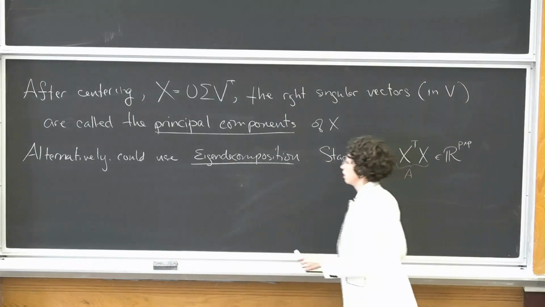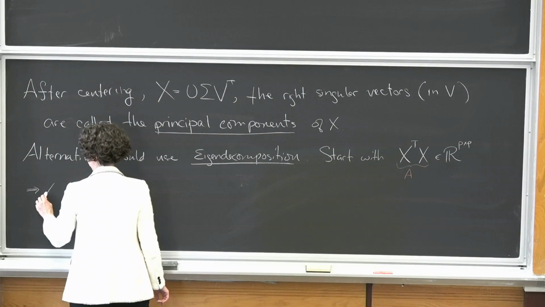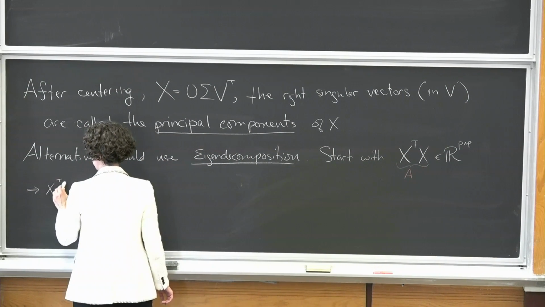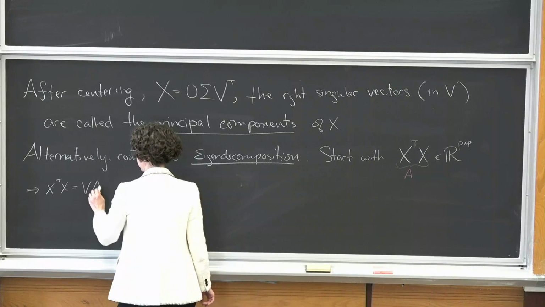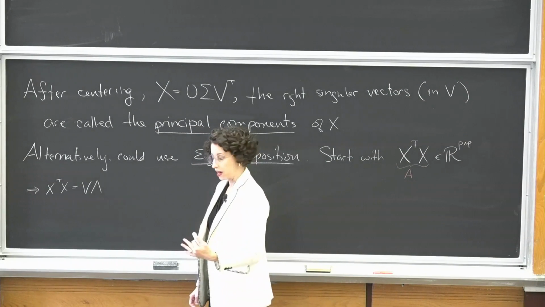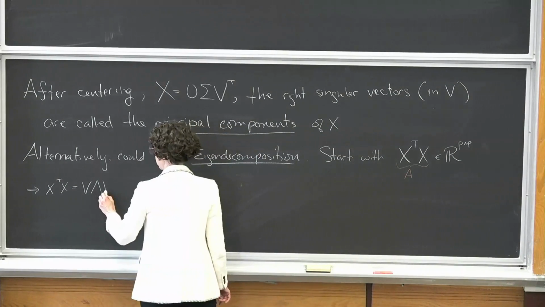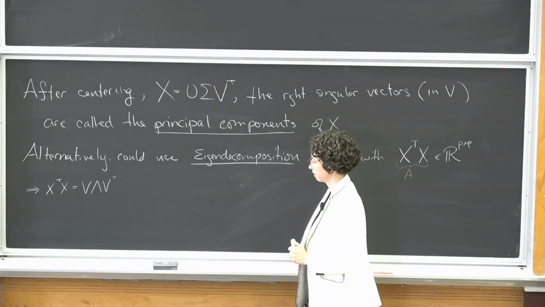And so with an eigendecomposition, X transpose X can be written as a matrix of eigenvectors, a diagonal matrix of eigenvalues, and a matrix of eigenvectors transposed.